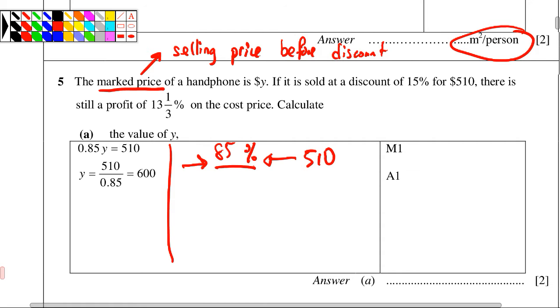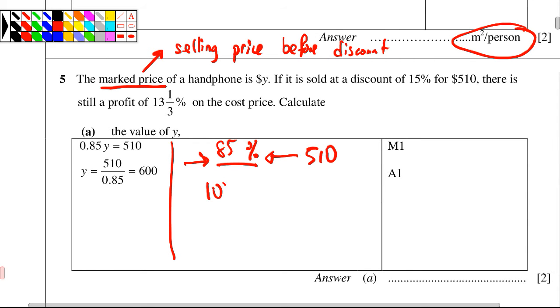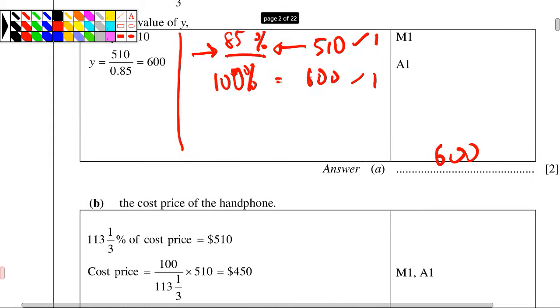It says even if it's sold at a discount for 510, there is still... they want to find the value of Y, so 500%, no? So you get 600. So ability to write this is 1 mark, 1 mark. So this is 600. I think I'm going too slow. Let me go faster.